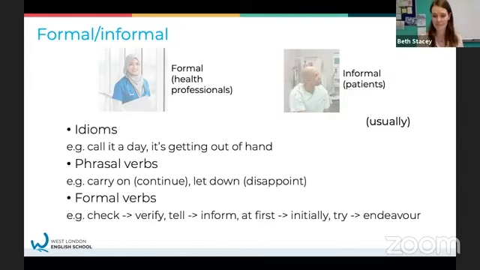Instead of, I do try to take my medication, or that would be a patient, but I say you should endeavour to take your medication. So just having a general knowledge about idioms, phrasal verbs, and the formality of verbs will help you to widen your vocabulary a little bit, and will help you with this, but will also help you with reading for OET as well.